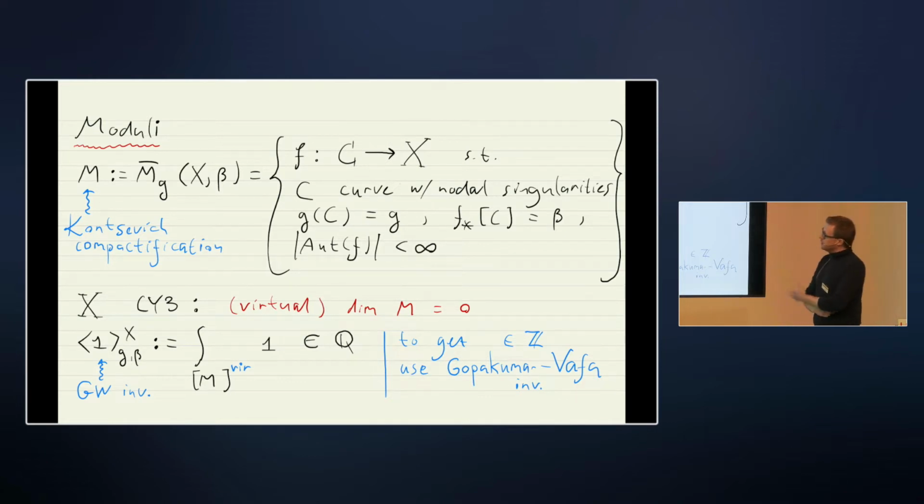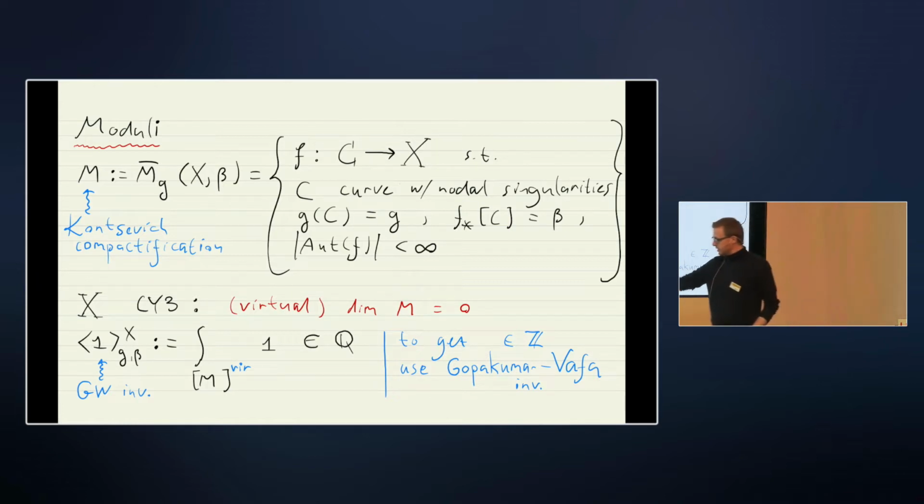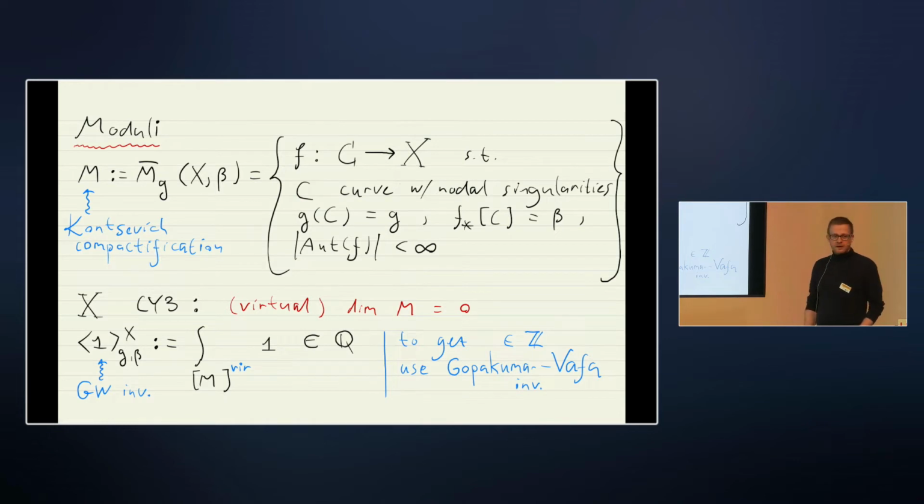And then you have a nice compactification, the Kontsevich compactification. In the special case where X is a Calabi-Yau threefold, this will have expected dimension 0. And you can simply count the number of points in the moduli space, and you weigh the count by the size of the automorphism group. So you end up with a rational number, and that's your Gromov-Witten invariant.